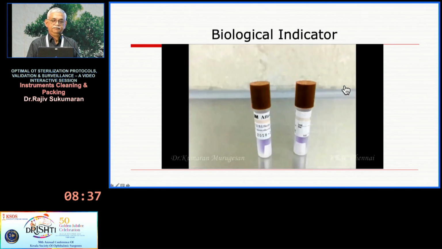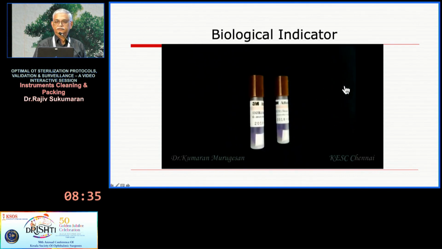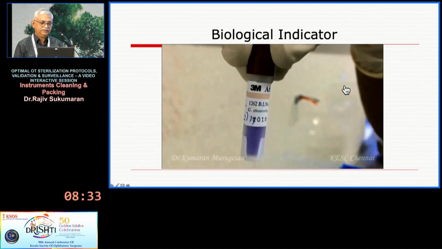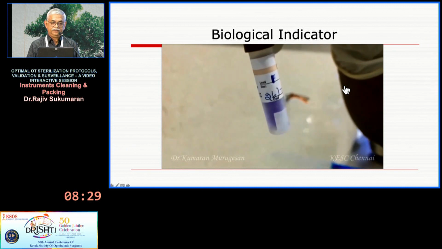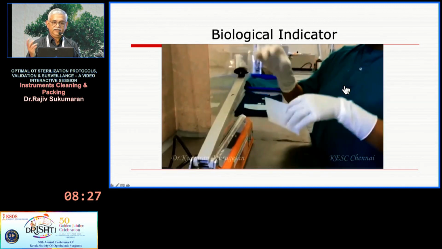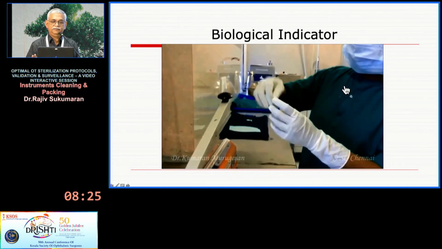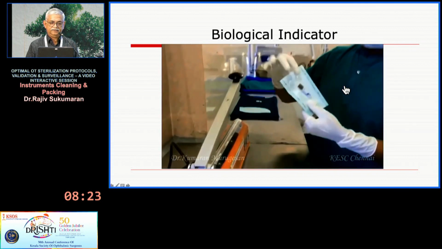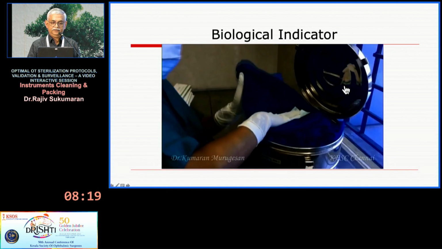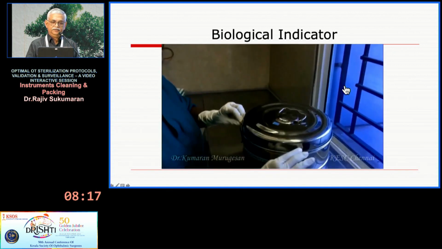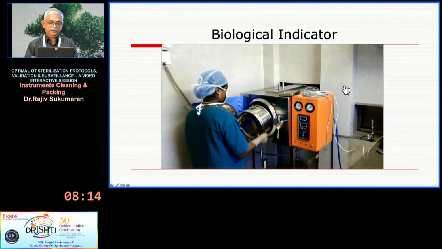Biological indicators are the best for checking your sterilization. They contain 1 million spores, and there are different biological indicators for steam as well as ETO sterilization. Now this is the way it is done. It is kept within the batch along with a cloth like this.